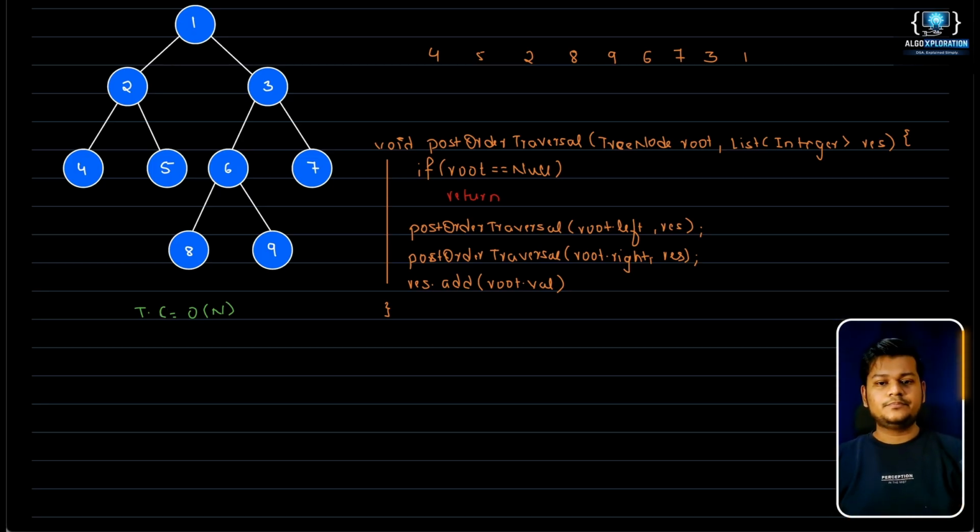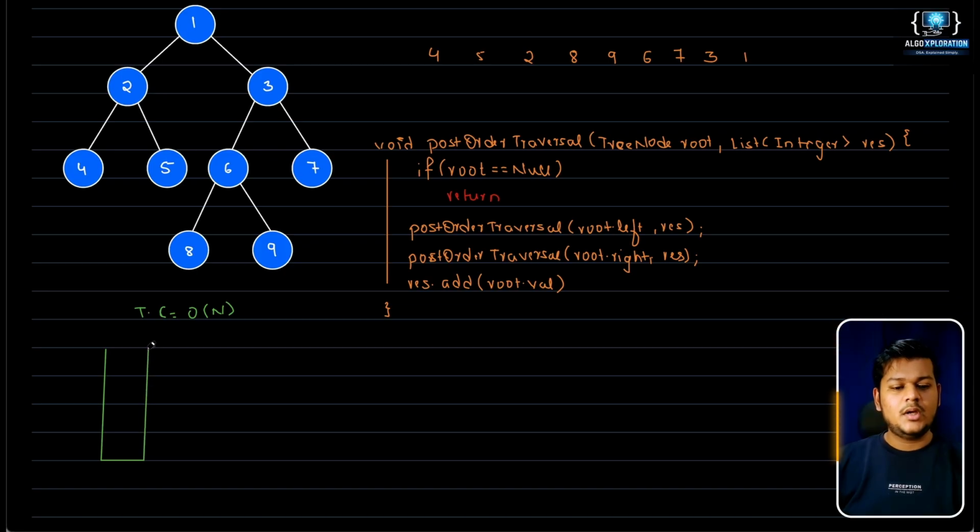Okay, see, if you're confused, guys, right now in the stack, initially 1 is stored, right? Then 1 will call 2. Okay, 2 will call 4.